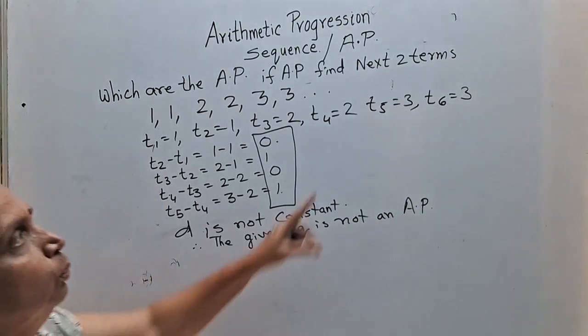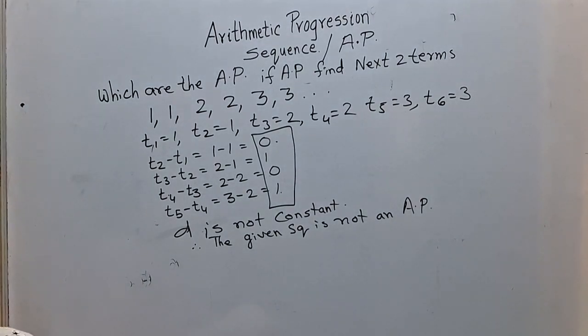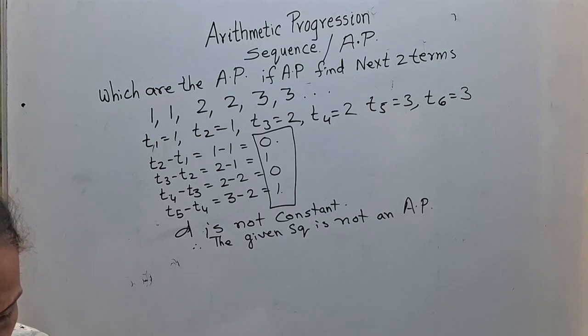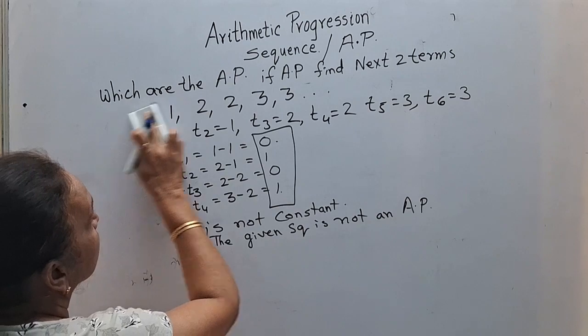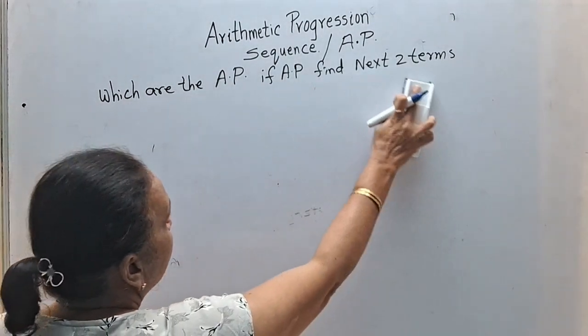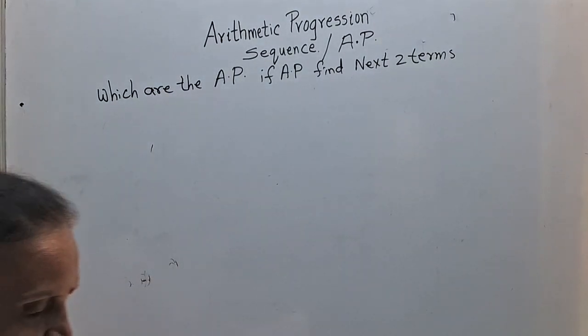So finding the next two terms doesn't arise. Okay. Got it? So this type of sums can also come. Now we'll take one more example. So the common difference should be constant. Then only it is an AP.